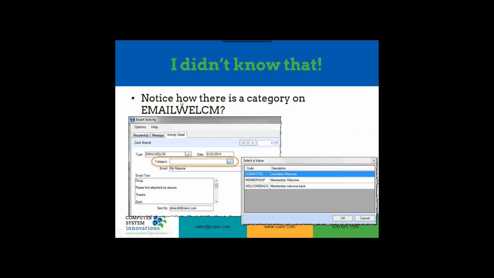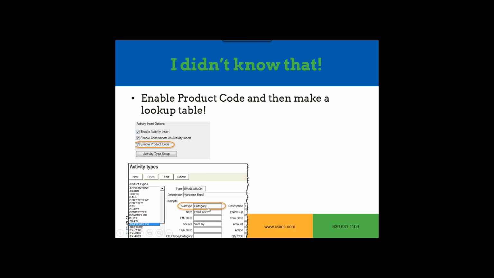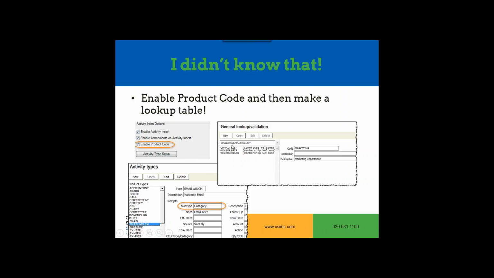So if you want to enable the category so that I could further categorize my email from the category and not that department field, you go into iEmail, and that's set up, and you enable product code. When you do that, make sure you have the category defined on your activity type, and then, of course, add a lookup table. In this case, once again, iEmail welcome category, and I can now further categorize my emails.